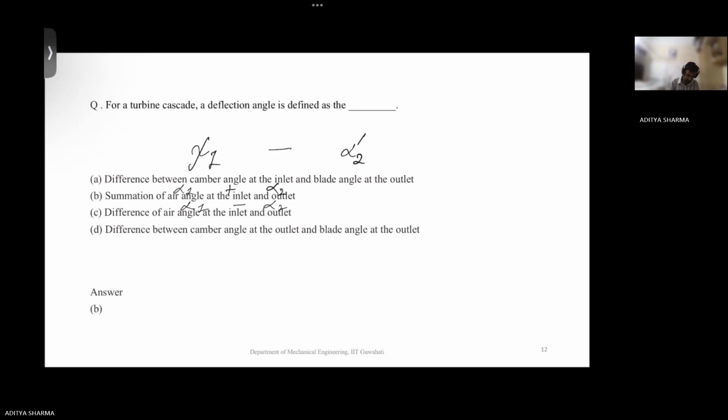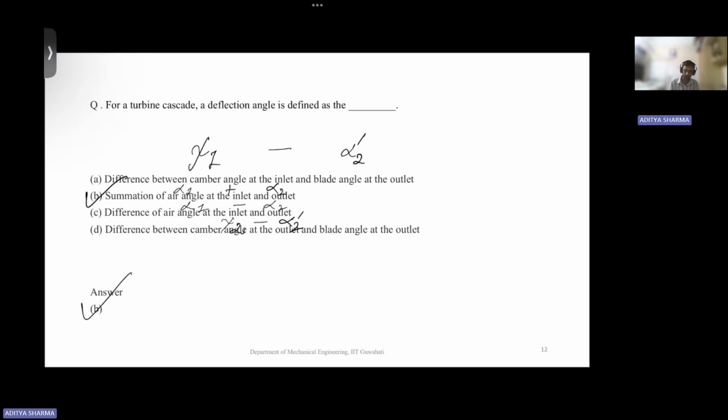Fourth is camber angle from the outlet, which is alpha 2, minus blade angle, which is alpha 2 dash. So this is the correct answer for this question.